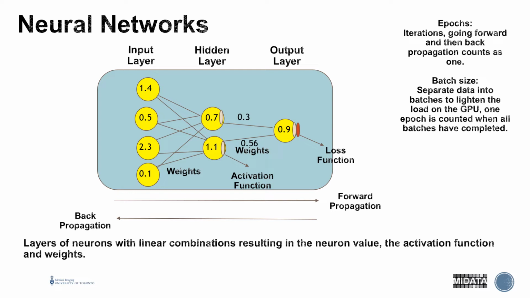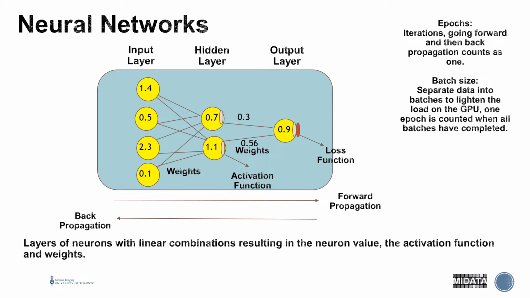If this number is below a threshold value, the node doesn't do anything. It stays quiet, so it passes nothing to the next layer. But if the number exceeds a threshold, then the node fires, which in this case is what we call the activation function. And the sum of the weighted inputs is then sent along to the next layer.